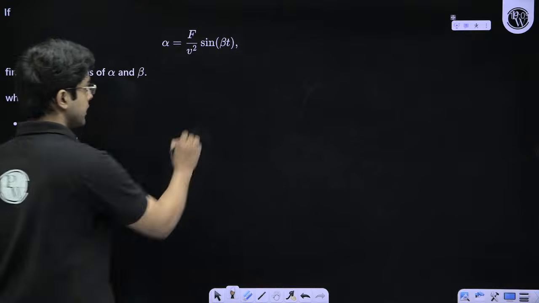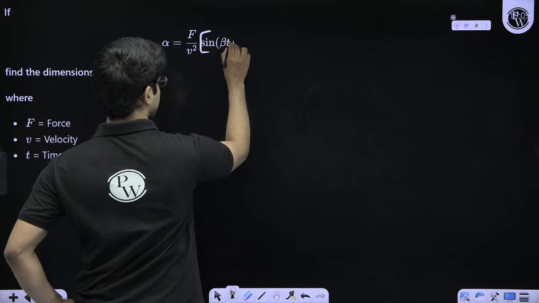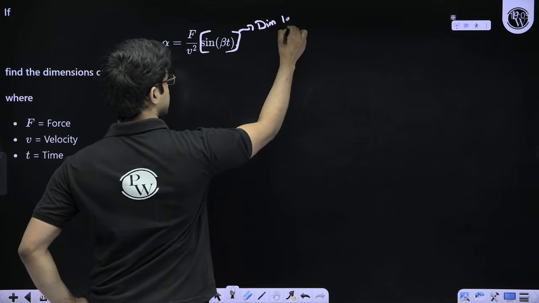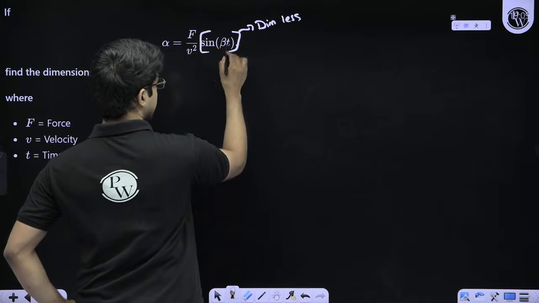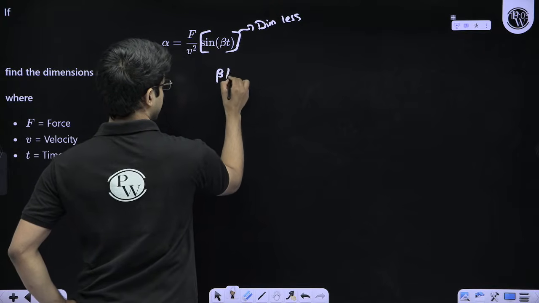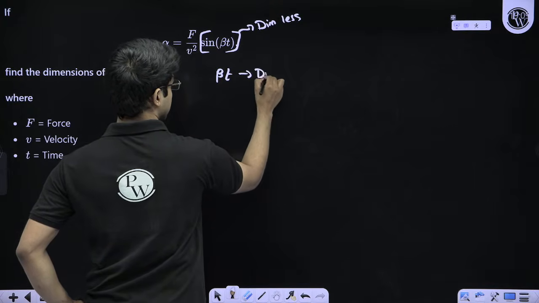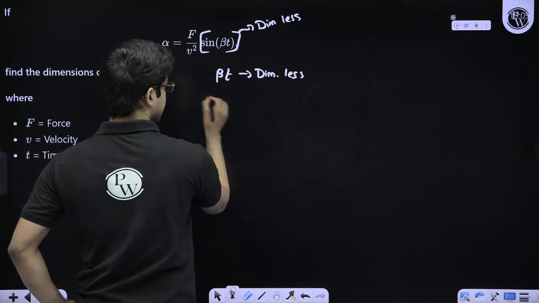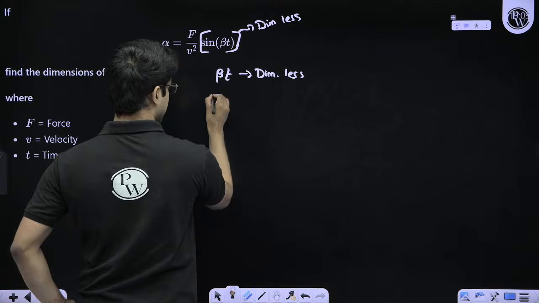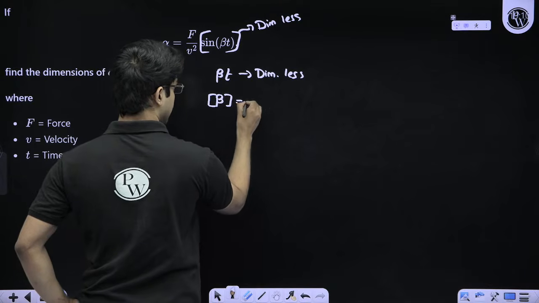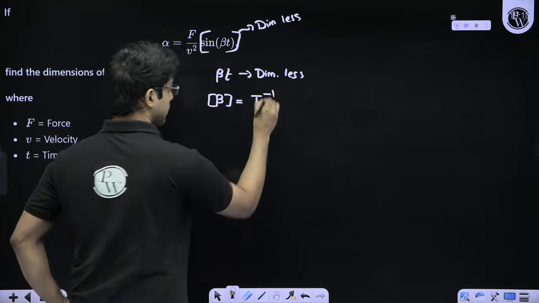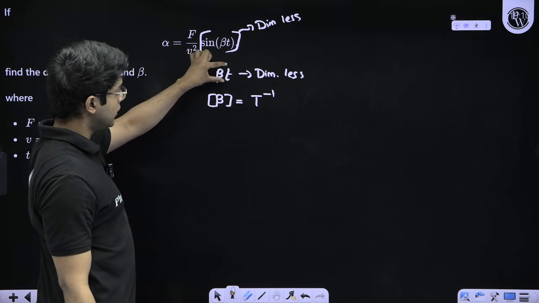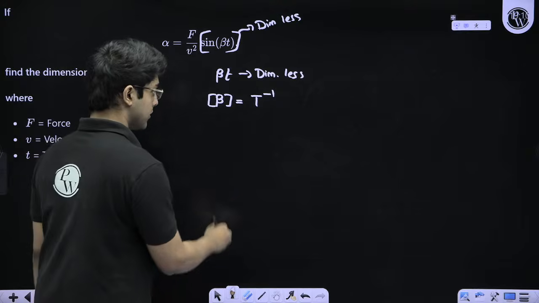We see a sine here, so this thing is dimensionless, and the inside thing, beta t, is also dimensionless. This is the same as the previous one. So beta's dimension will be T raised to minus 1, so that T raised to minus 1 into T gives you dimensionless.